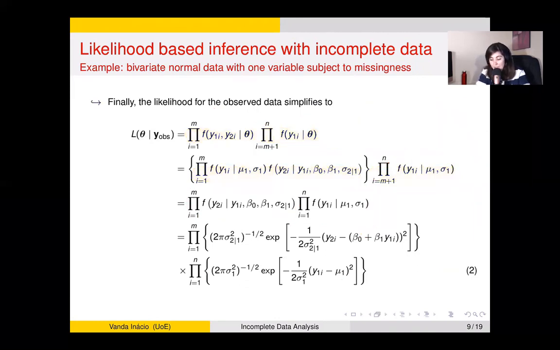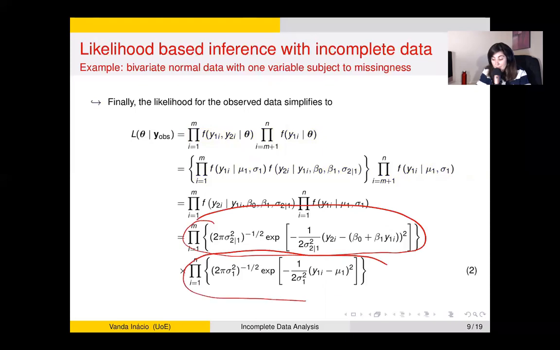I can maximize these two parts separately because the parameters are distinct. So if I maximize the second bit, I obtain the usual estimates for mu1 and sigma 1 squared. The mu1 is the mean and the sigma 1 squared is 1 over n times the sum of the squares, correct?